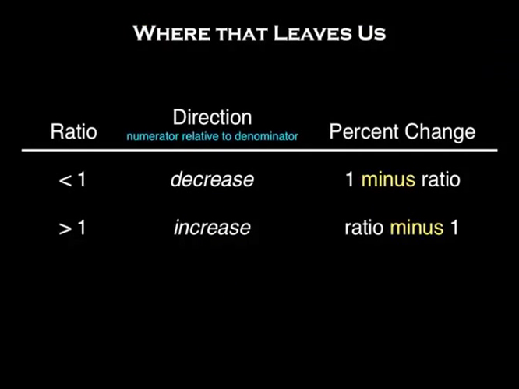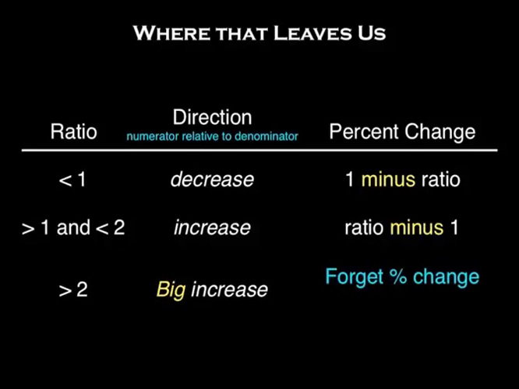Well, that means we have to break down a little bit what happens for ratios over 1. For ratios that are greater than 1 but less than 2, stick with that ratio minus 1 as a percentage increase. But when you have ratios greater than 2, you've got a really big increase, and forget the percent change. Go times as high: 2 times as high, 3 times as high, 10 times as high.